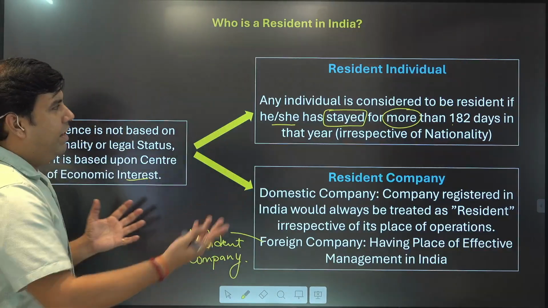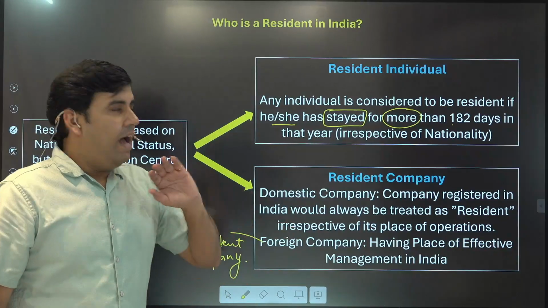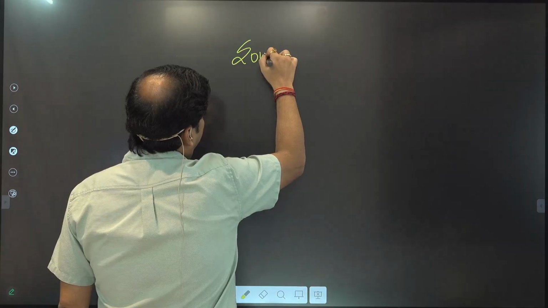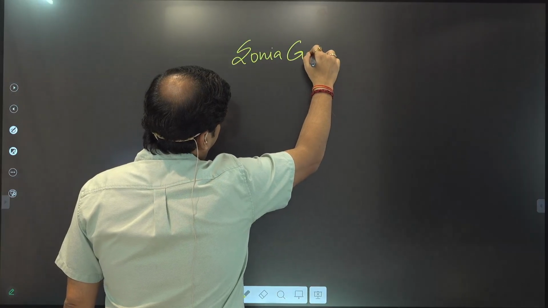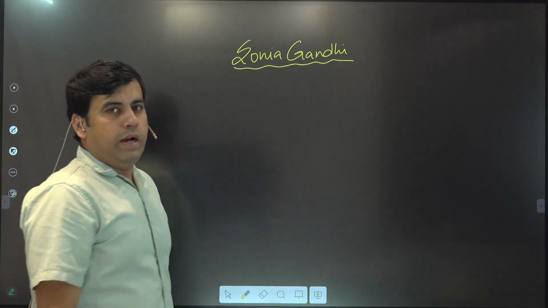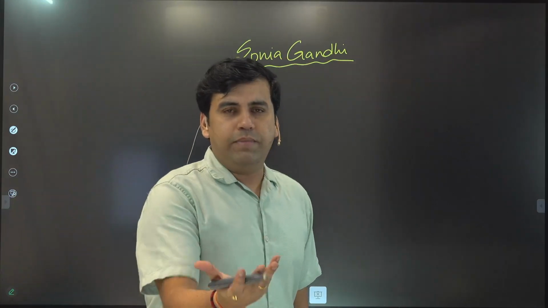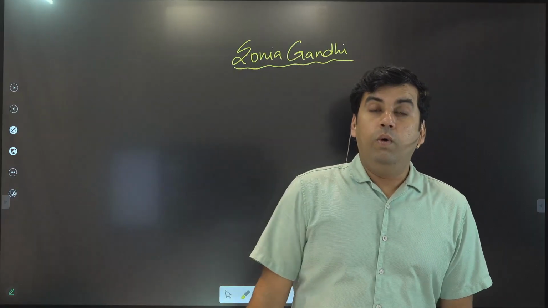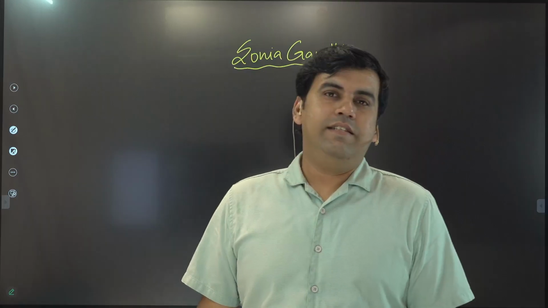So I think now you will never have a problem with who is a resident. I don't care. Acha, tell me one thing. What about her? Who is she? Respectable, right? She is respected in India. Who is she? Indian citizen, Indian resident, Indian national?